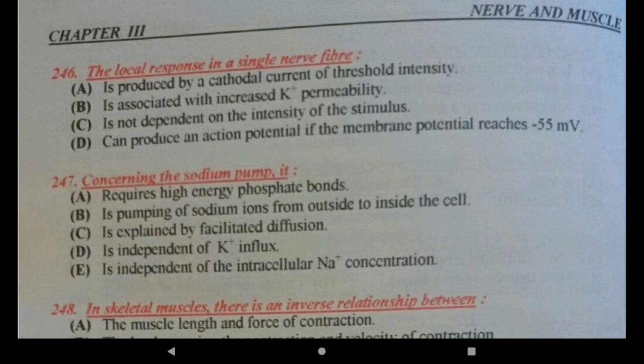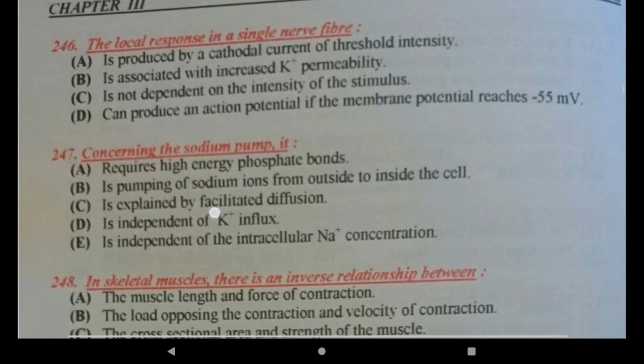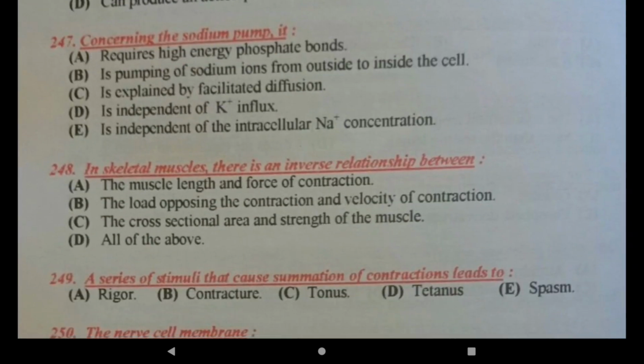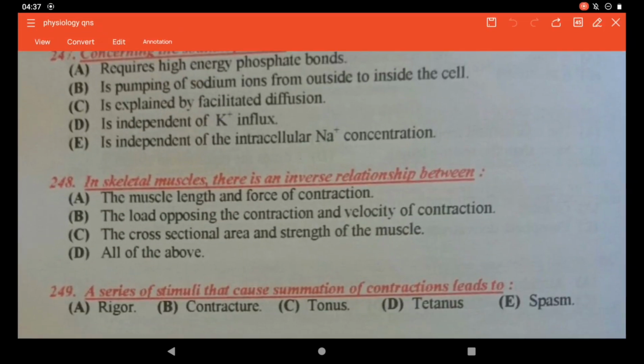So that makes B wrong, C wrong, D wrong, and E wrong. We only remain with A as the most correct alternative because it involves the splitting of ATP to ADP and an inorganic phosphate, which releases energy that is required to drive the pump. So the correct answer is A. That takes us to 248.